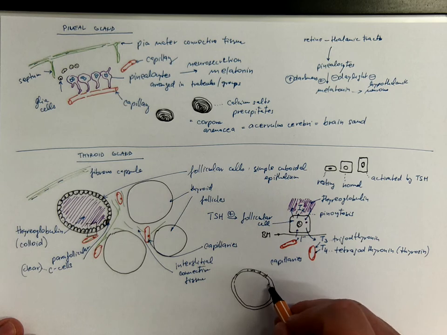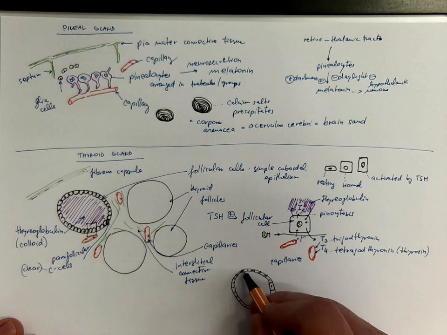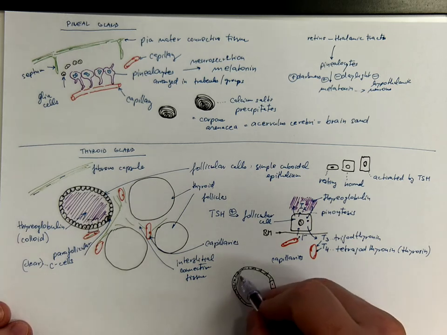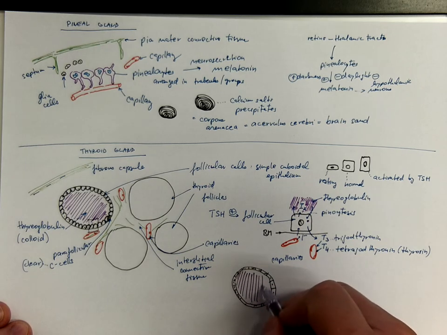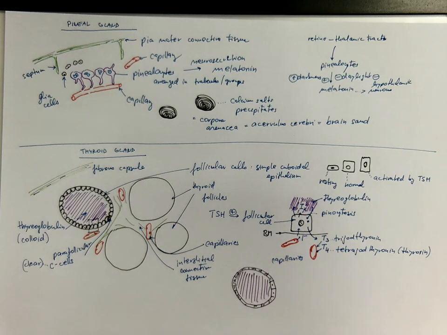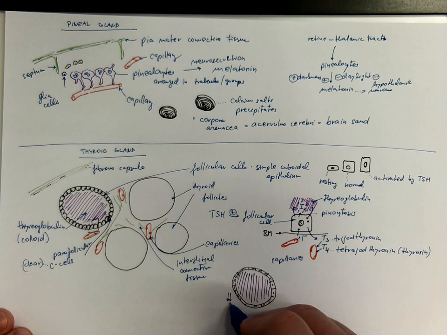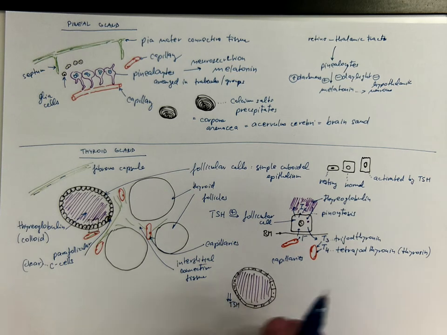It's low cuboidal or even flat. And the histological picture of the low activity looks like this. Plenty of thyroglobulin. And it's the response of the low activation by TSH.